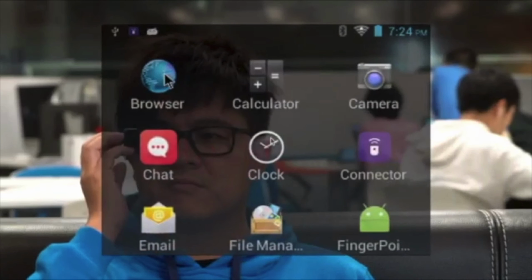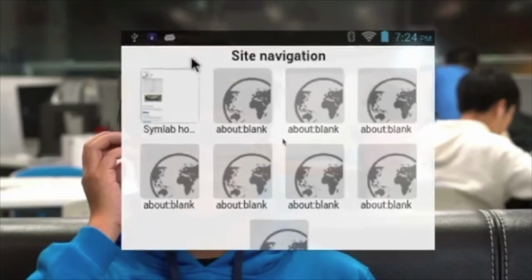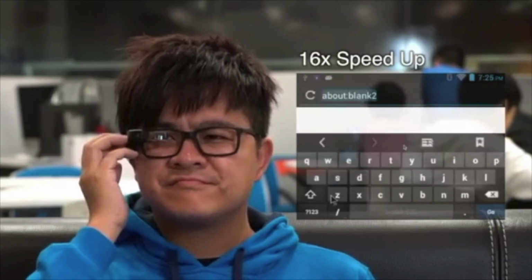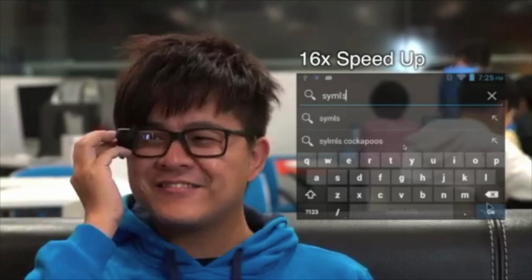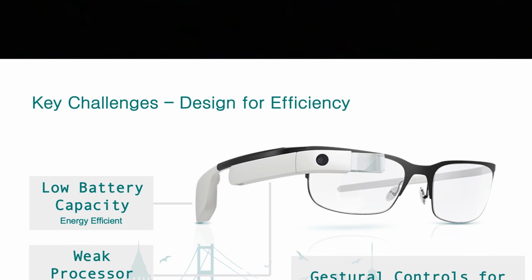Next, this is the Mac case, but it is quite difficult to use, and the operation here is 16 times faster. And the user needs several attempts to adjust the cursor position.